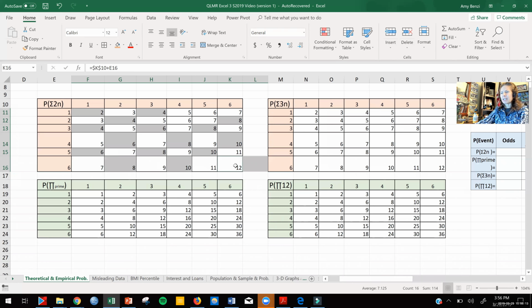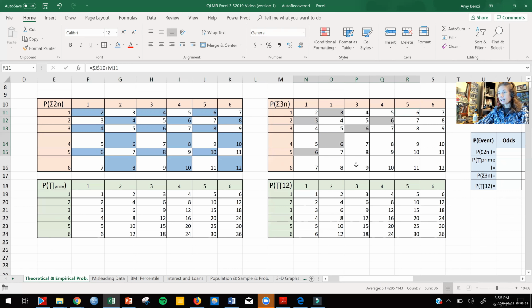Now, did I miss a couple evens? Yep, you see I did. All right, now I am going to come over here to the right and do all of my sums that are multiples of 3. So 3 times 1 is 3, 3 times 2 is 6, 3 times 3 is 9. And what's left? 3 times 4.